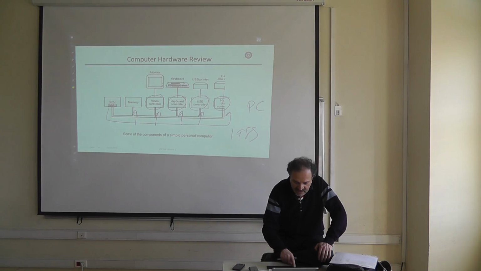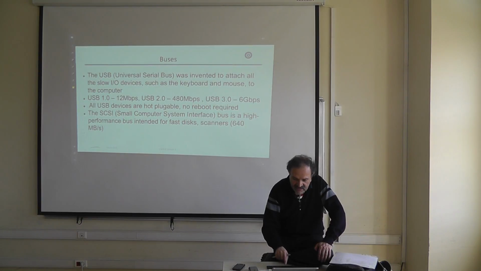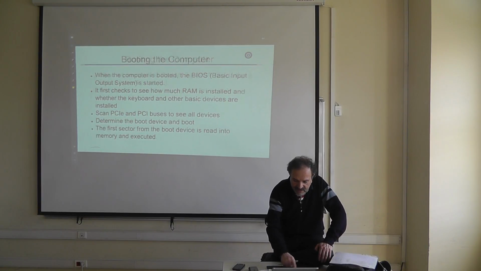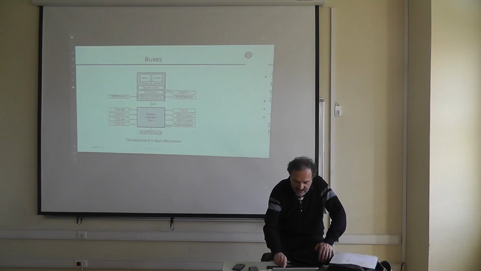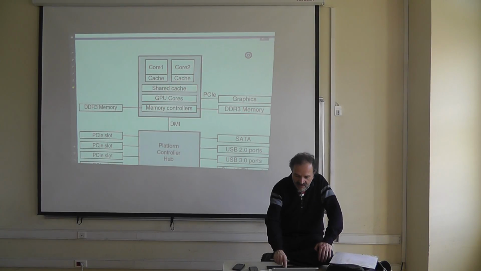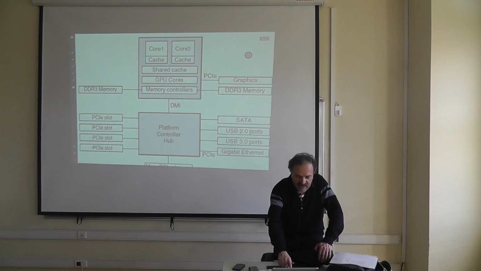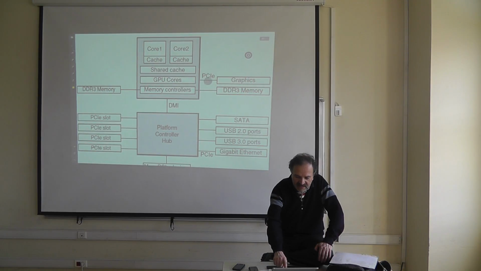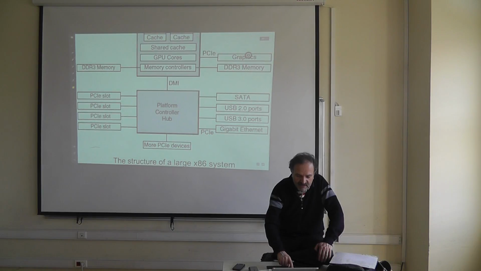Nowadays, we don't use that kind of buses because we need some of those devices running very, very fast. We have different types of buses. We have this DMI bus, we have this PCIe bus, and we have the PCI buses, okay?